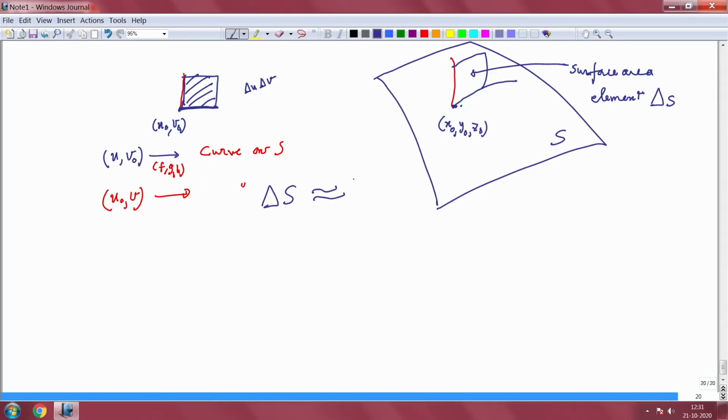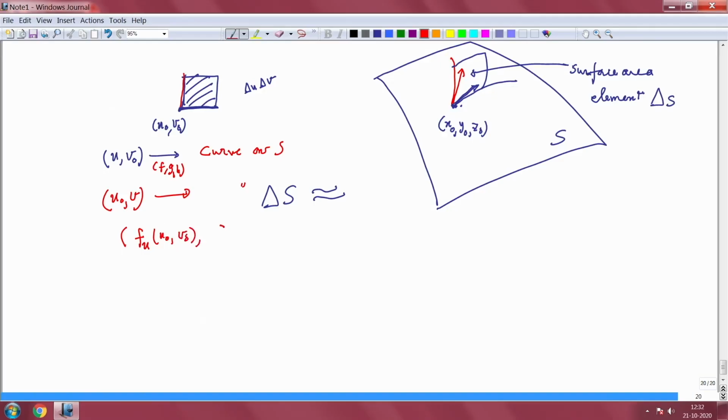If I know that, exactly what you have calculated, d gamma, square root of 1 plus f prime of x square, you have to do. What we have done in one dimension, I have to understand f prime of x. This is my tangent here. Similarly, I have to understand my tangent here as well. So, these two tangents I have. When I move this one, the corresponding tangent will be f u, g u, h u at u naught, v naught.